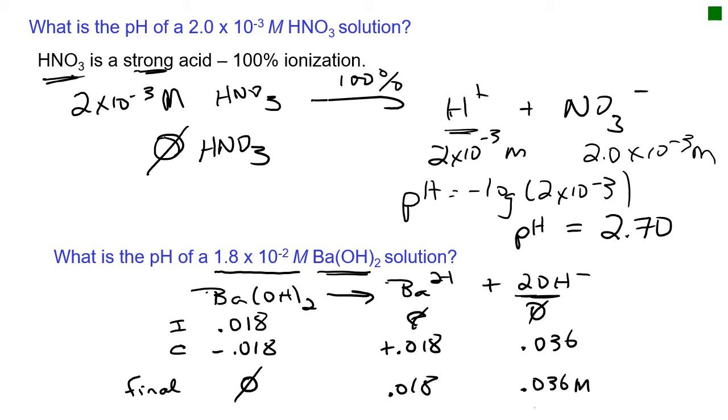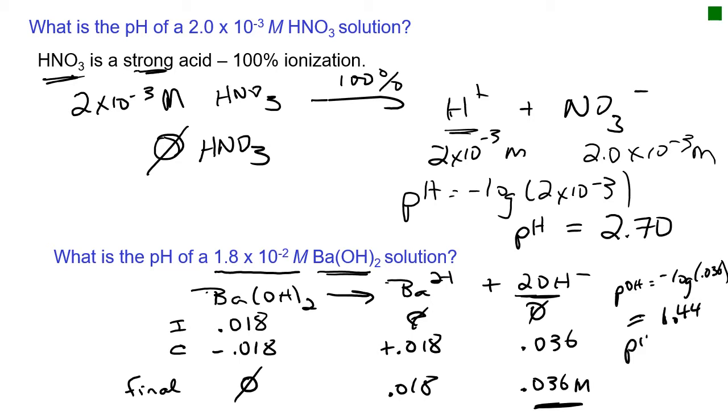In order to get the pH, we're going to get the pOH first. pOH is going to be minus base 10 log of 0.036. That will work out to be a pOH of 1.44.